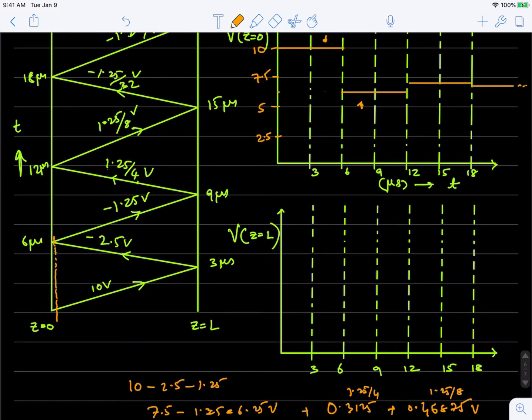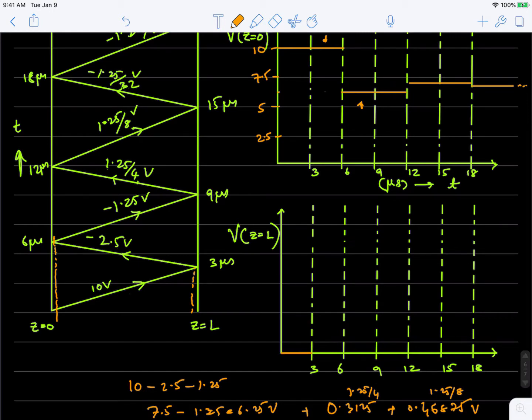Similarly, you can draw a line for V at Z equals L. We could do it by basically seeing what happens at L. Initially, until 3 microseconds, there is nothing. You could practically say it is 0, and there is no voltage at the load.